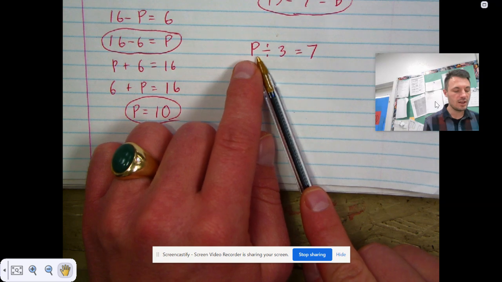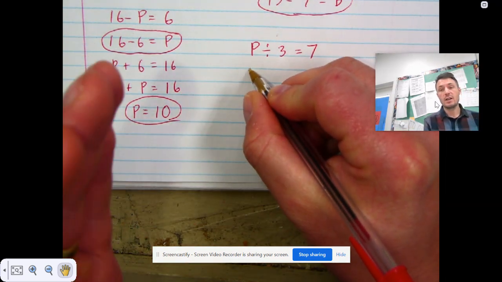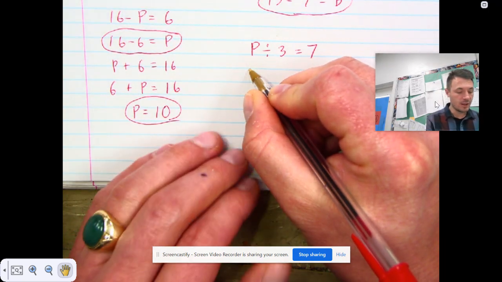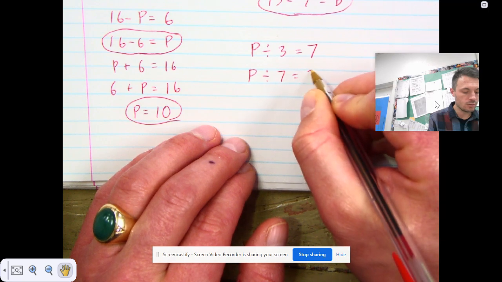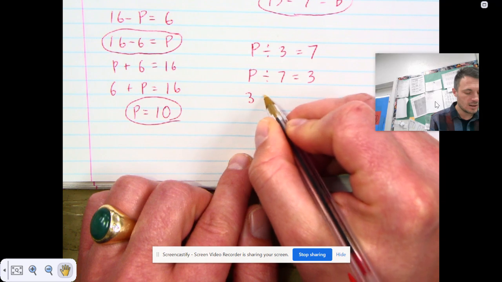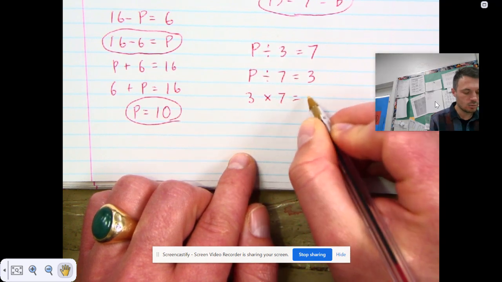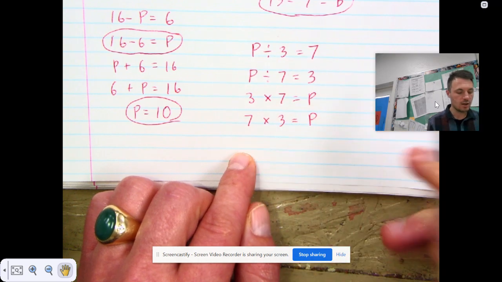So if it's true that p divided by 3 equals 7, remember, when you're making your fact family, the dividend stays in the same place. It's also true that p divided by 7 equals 3. And if that's true, it's also true that 3 times 7 equals p, and it's also true that 7 times 3 equals p.